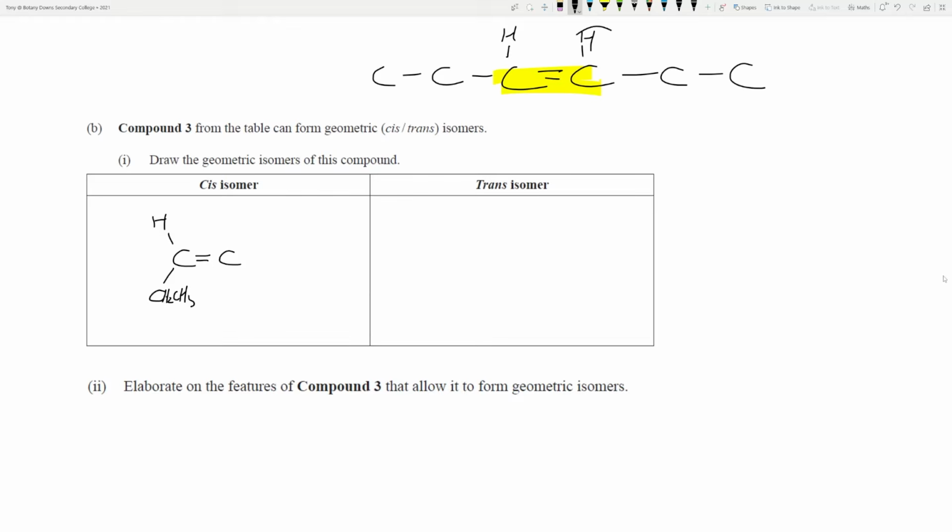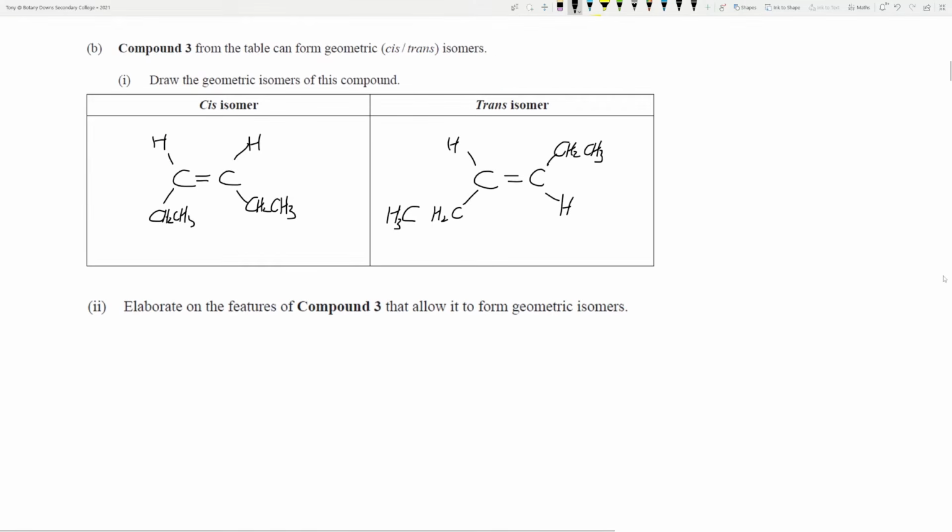On the other side, because we're looking at cis, we want the H's on the same side, and the CH2, CH3 groups on the same side, and that's your cis isomer. The trans isomer is when the H's and CH2, CH3 groups are on opposite sides. It's very important that you understand what cis and trans or geometric isomers mean.